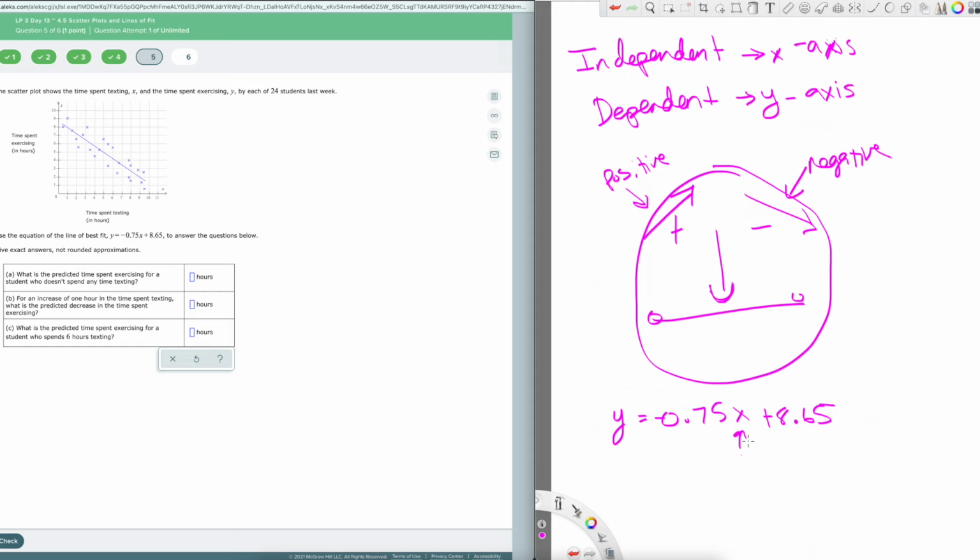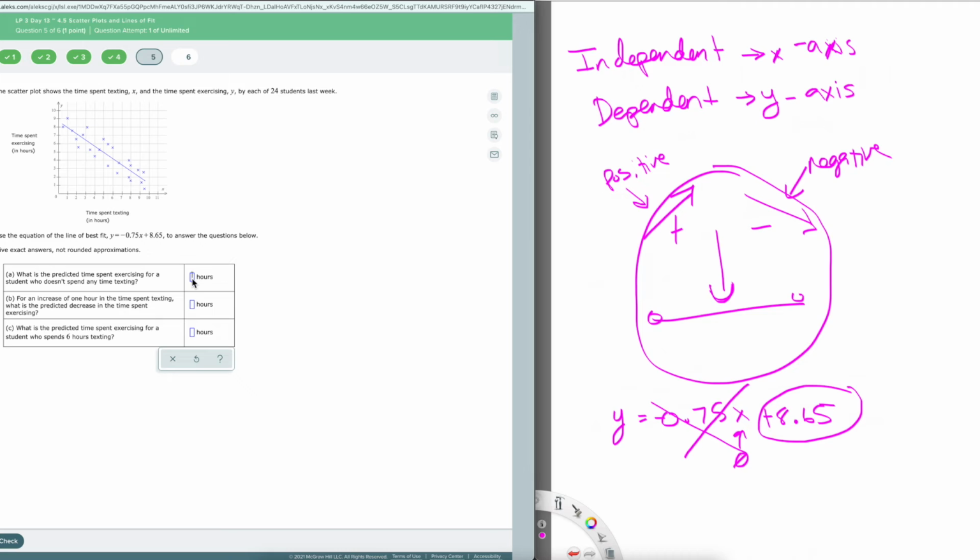So no time texting at all, which means that would be 0. So the time they spend exercising should be 8.65 hours of exercising. I'm not really sure that not texting is the only thing that will push you into exercising, but we're going to pretend like this relationship exists between these two.